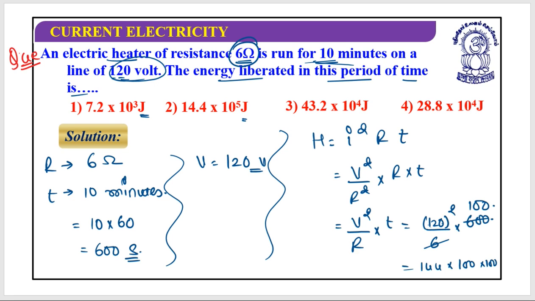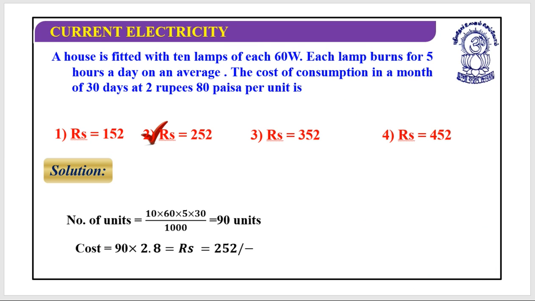So this is 144 multiplied by 10 to the power 4 joule. Yes, it's 14.4 into 10 to the power 5. I hope this is your answer too. Do you have the same answer? Great.